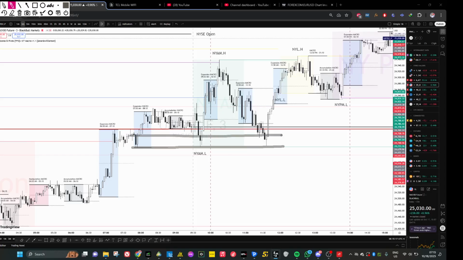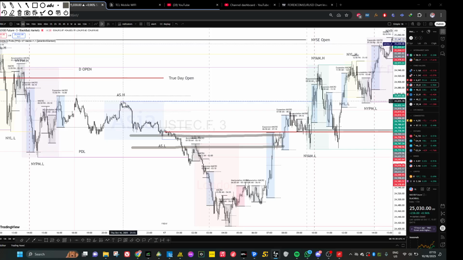We actually tested it 2 times, and this would have been a nice entry right around here, right around 9:30. Expect New York to manipulate up and then down. So the target would have been this high right here first. This would have been Asia high, and then the new target would have been up here, which would have been the previous New York session high.